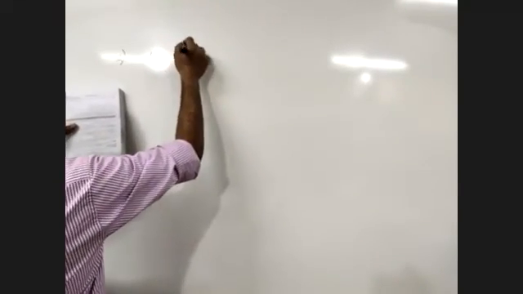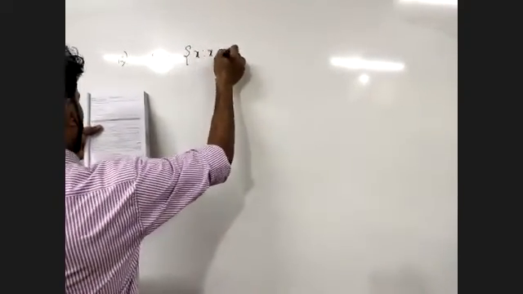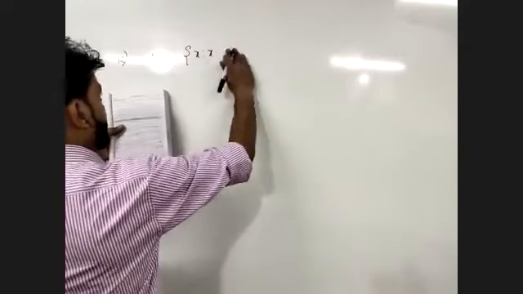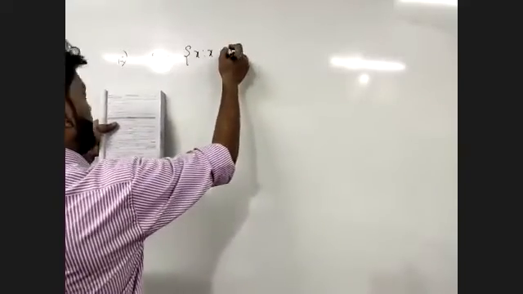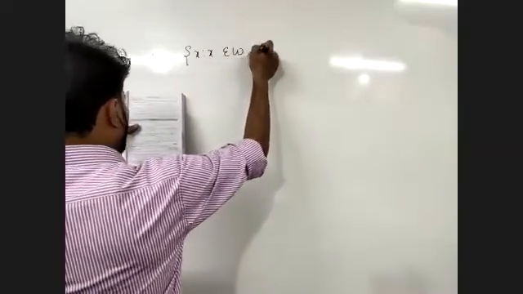Now look at this one. Question number 12. If A equals {x such that x is a whole number and x is less than 2}.